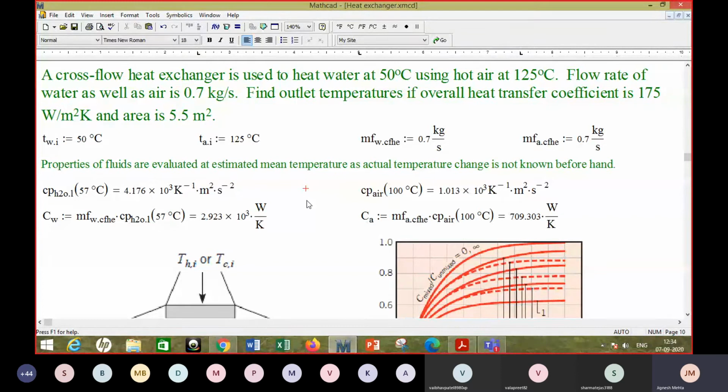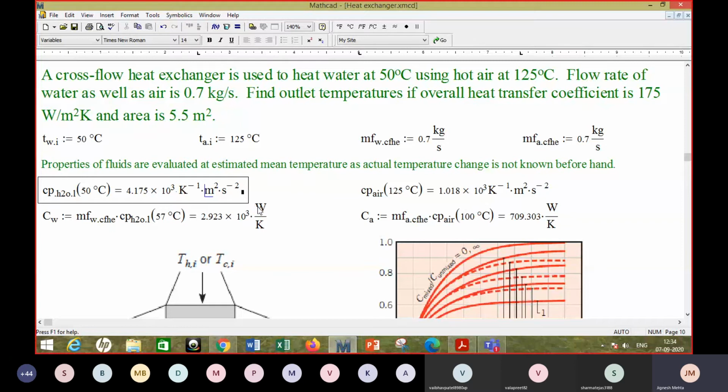Okay, and then CP of air is at 100 degrees. I found it at 100 degrees Celsius. What I'll do better is put it at 50, so that if you solve it, you are able to match it. So this is at 100 and this is at 125, right?